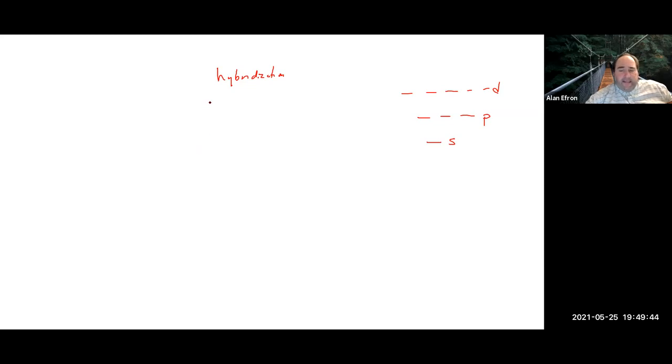So in a linear relationship, when we think about electron pair geometry, we think about the number of electron pairs, basically. And that basically has two electron pairs, which means if you just count 1 and 2, you basically just hybridize an s and a p, and the hybrid orbital would be sp.